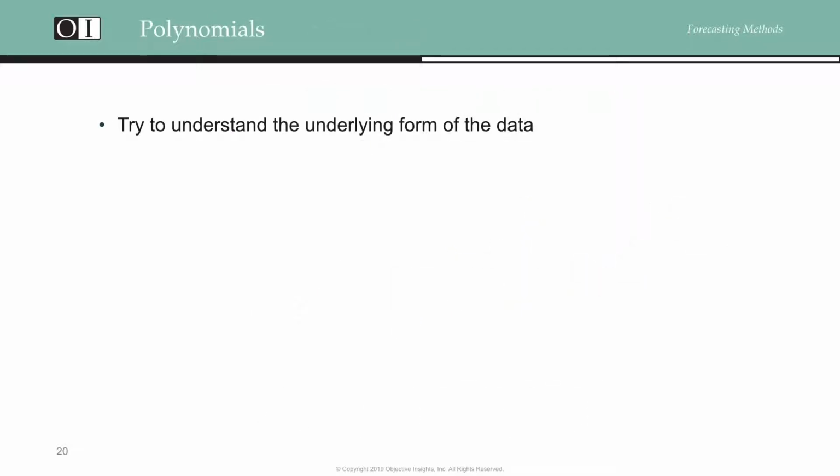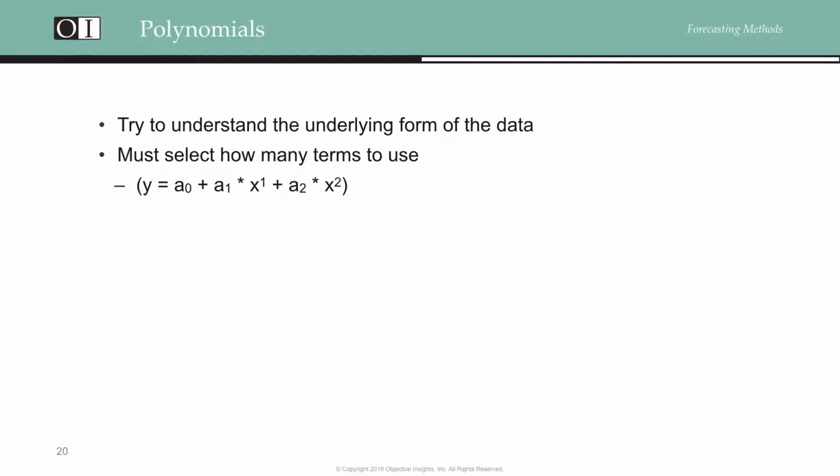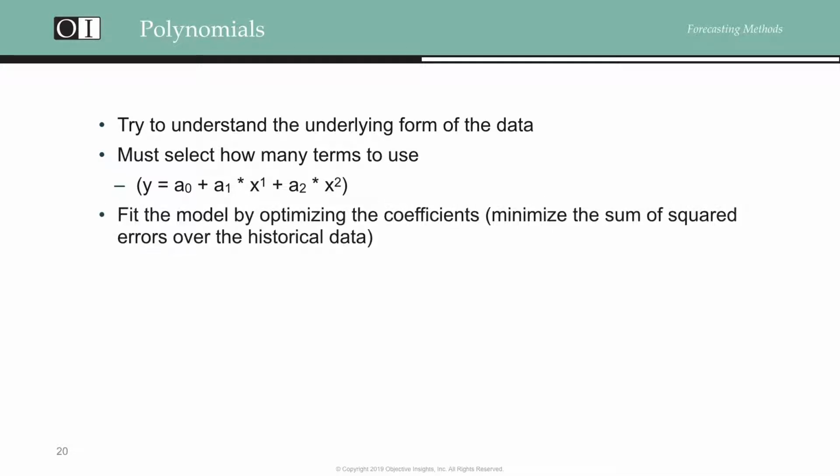Okay, the last method that we're going to cover today is polynomials. With polynomials, we try to understand the underlying form of the data. There are many different forms of polynomials we can use. Some use sines and cosines, some use x's and x squareds. We fit the model within the historical period by optimizing the coefficients.